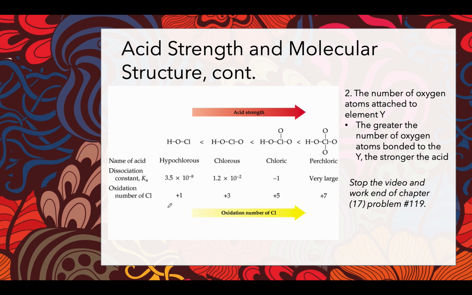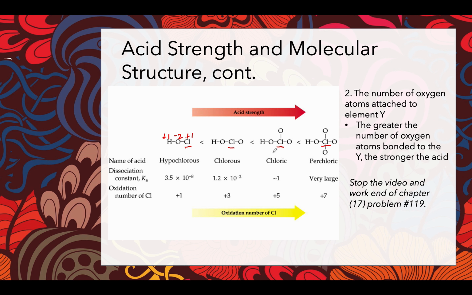Remember, when we are trying to figure out the oxidation number, oxygen is always going to be a -2. And then we're going to base the oxidation number of that other element around that. So the oxygen is a -2, the hydrogen is a +1, so therefore the chlorine for this one is also a +1.